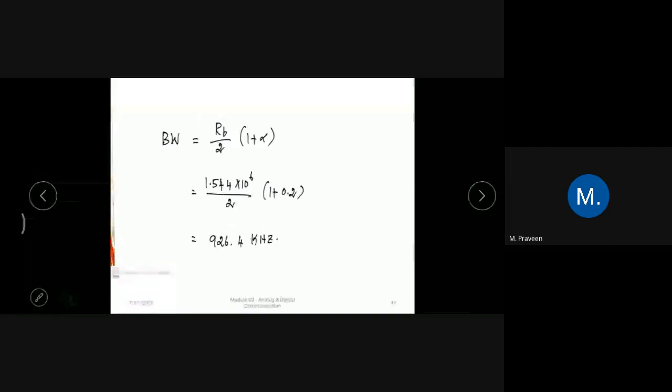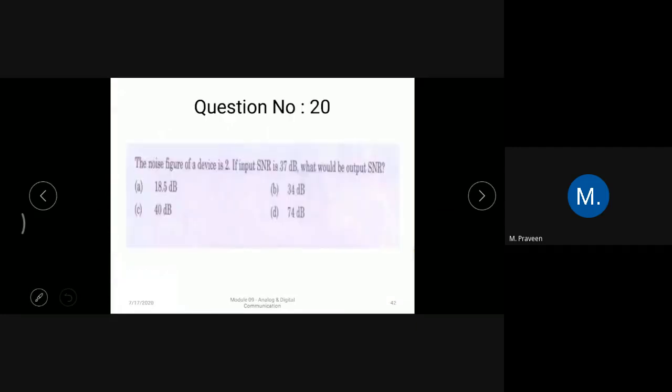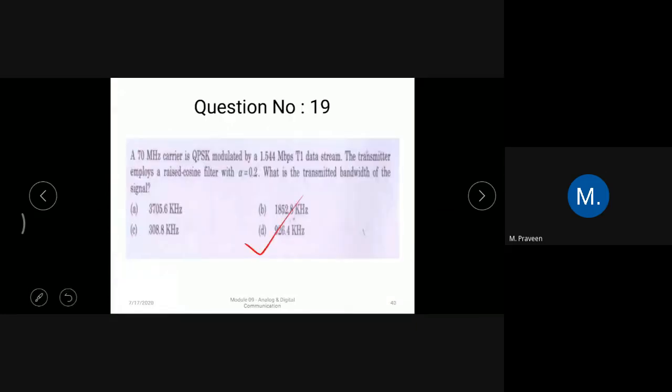In the previous case I mentioned it as 40 percent. Now alpha is given directly as 0.2, so I can take that value, and the bit rate RB is 1.544 Mbps, so I can substitute. If I simplify this numerical, I get bandwidth equal to 926.4 kilohertz. So the answer is D.